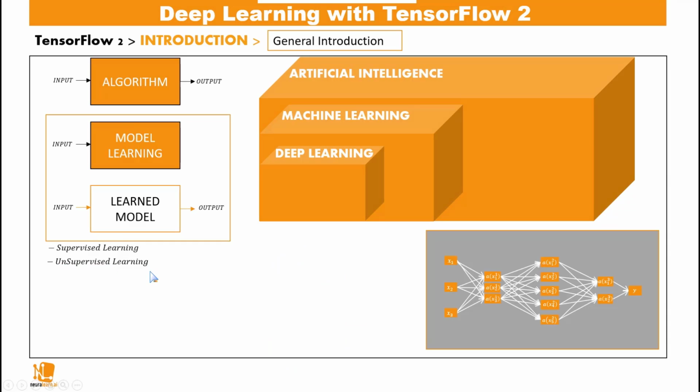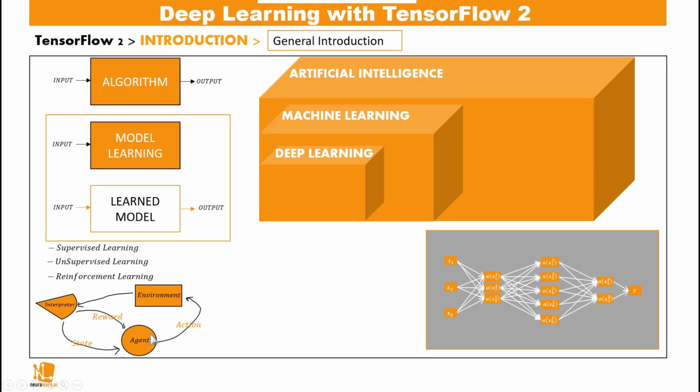The other type of machine learning is reinforcement learning. To understand reinforcement learning, we are going to consider an environment, an interpreter, and an agent. The interpreter gets information about the environment and then passes it on to the agent. And then the interpreter rewards the agent depending on how well it took this action.